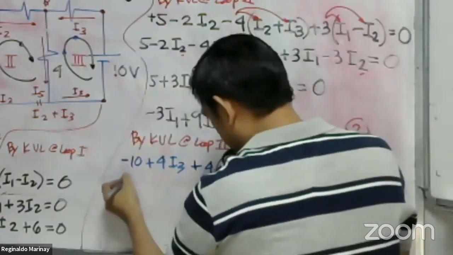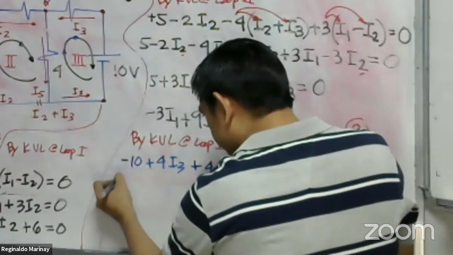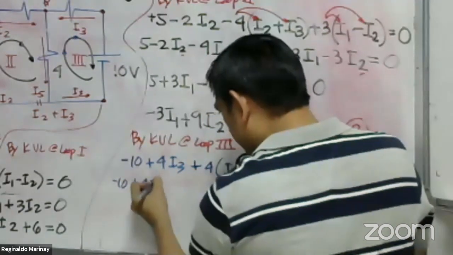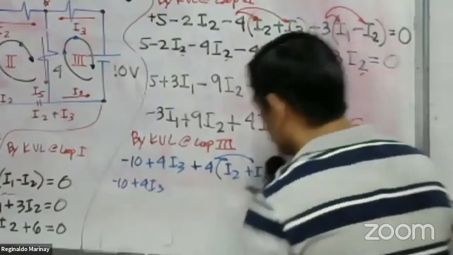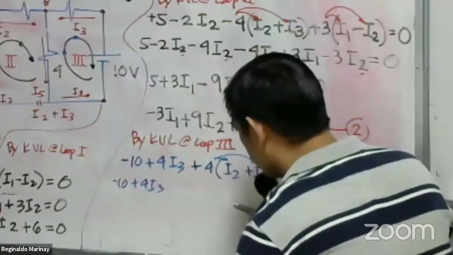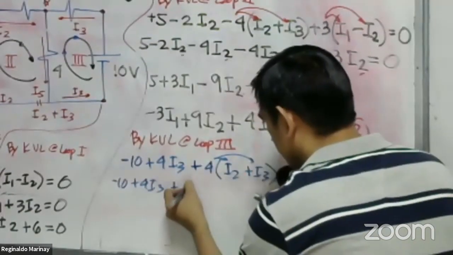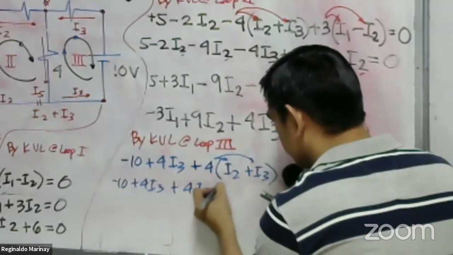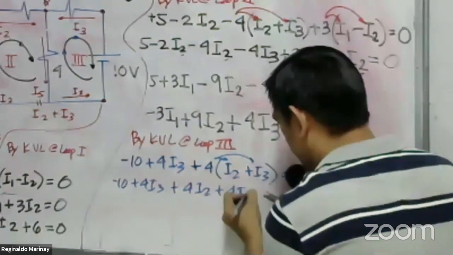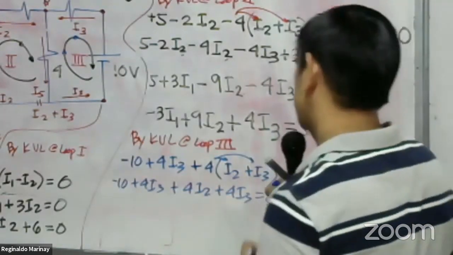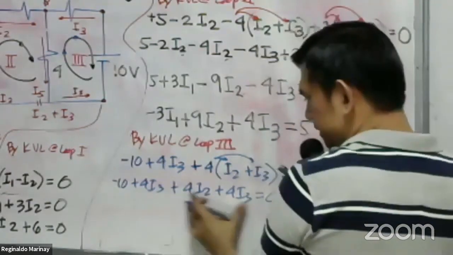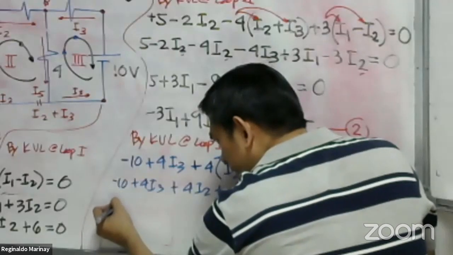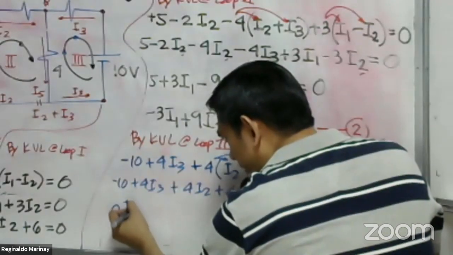Let us simplify further. So we have negative 10 plus 4 I sub 3. Let us just distribute this here. So we have here plus 4 I sub 2 plus 4 I sub 3, that is equal to 0. Okay, let us simplify. Since there is no I sub 1, I will put here 0 I sub 1.